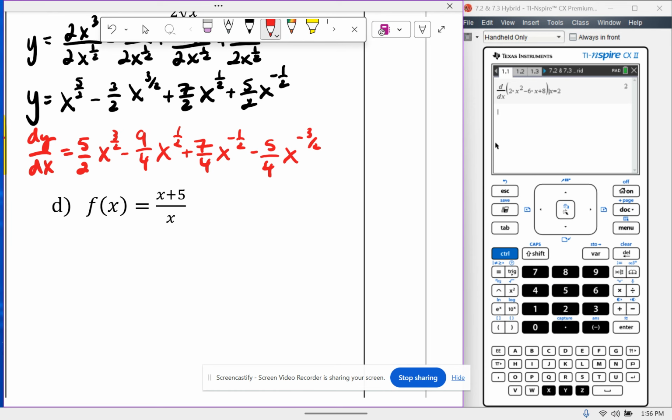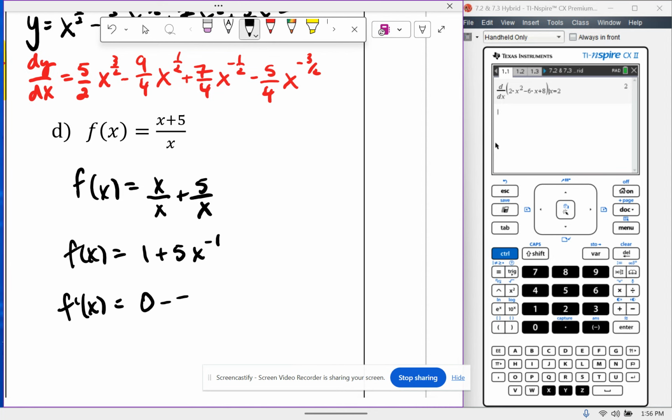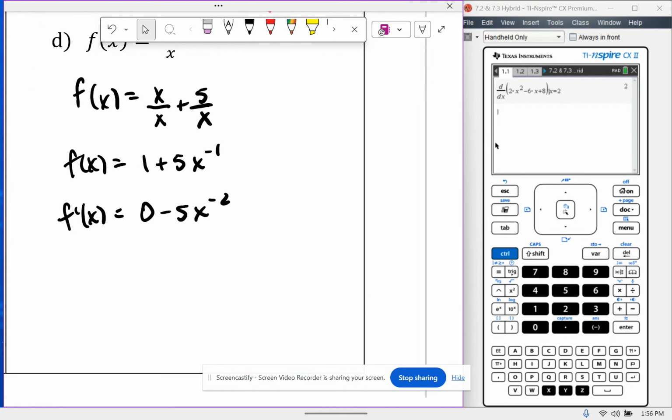All right, look at this last little palate cleanser here. Look at this little sweet baby. Here we go. We got x over x plus 5 over x. Boom.